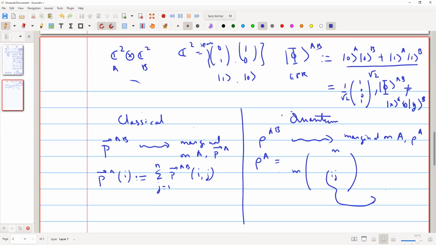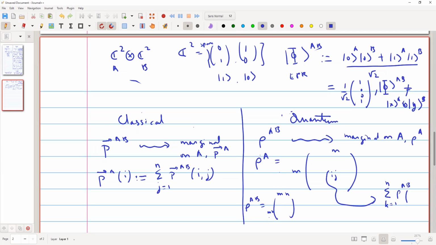So this is defined to be the sum over k going from 1 to n. So I'll take rho AB. And remember, rho AB was some density matrix, so it was an mn by mn matrix, right?